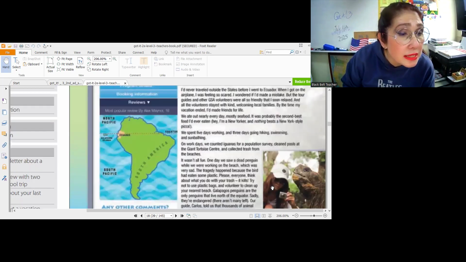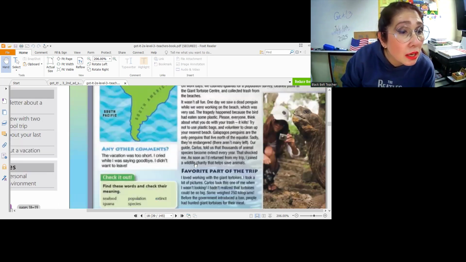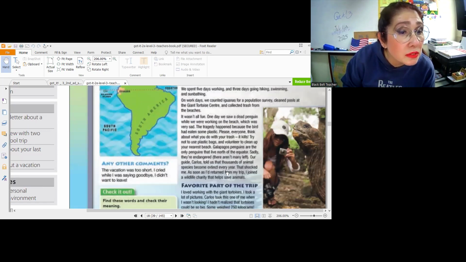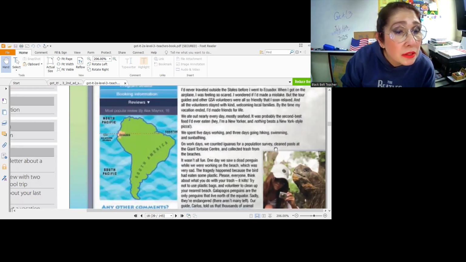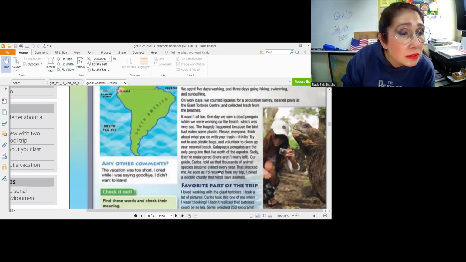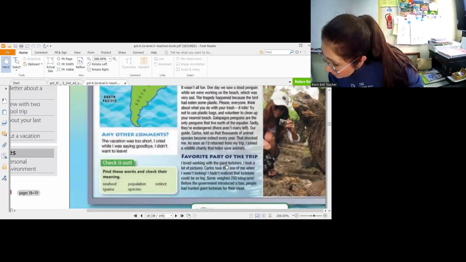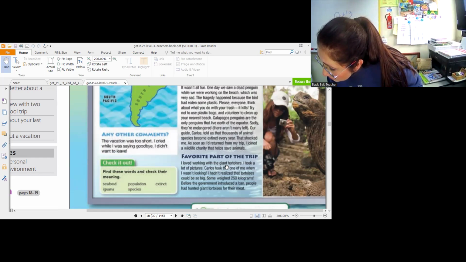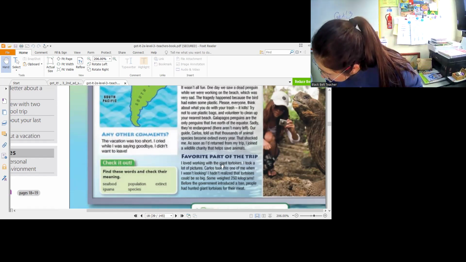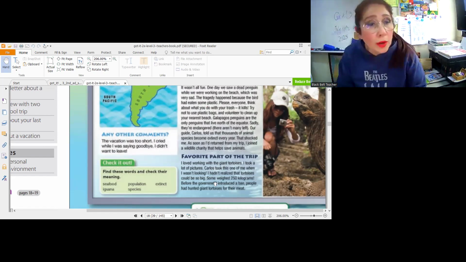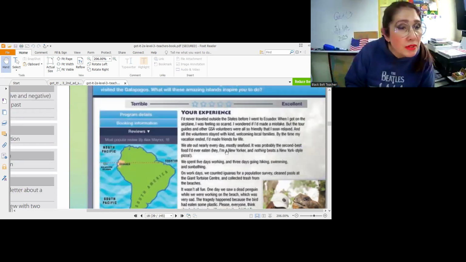Let's see where it says that. Galapagos penguins. Well, probably because when she mentioned the survey, "We counted iguanas.